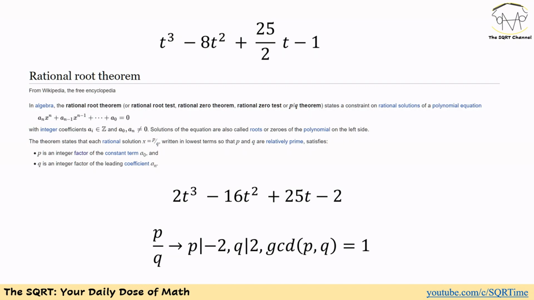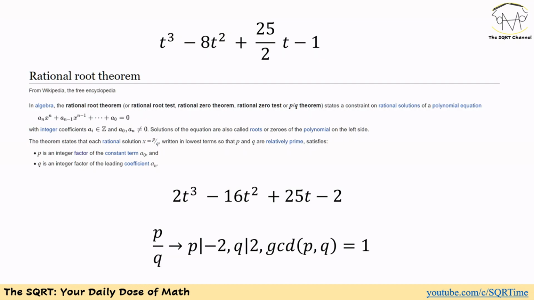Also note that the polynomial that we have should have integer coefficients. ai belongs to the integer numbers, and a0 and a1 should not be equal to 0. In the equation that we have here, we have 25 over 2, which is not an integer coefficient.